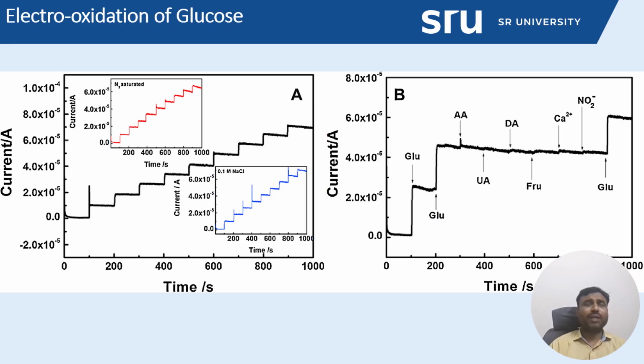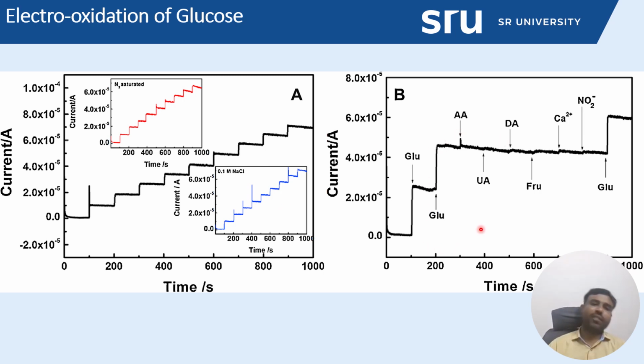So to confirm that our electrode is highly stable and can selectively detect only glucose, we are measuring selectivity, because it is known that our blood sample has different constituents.